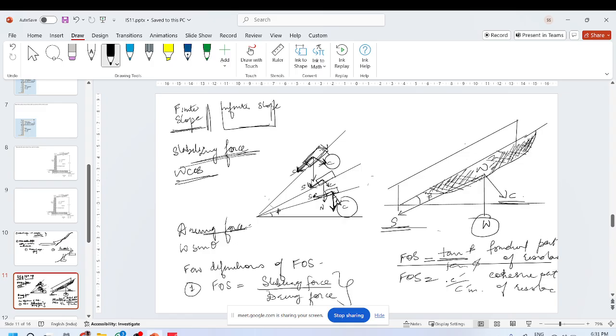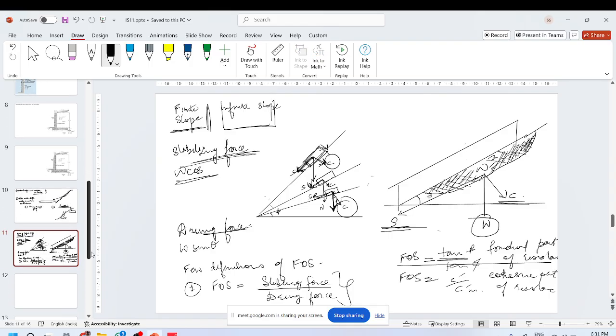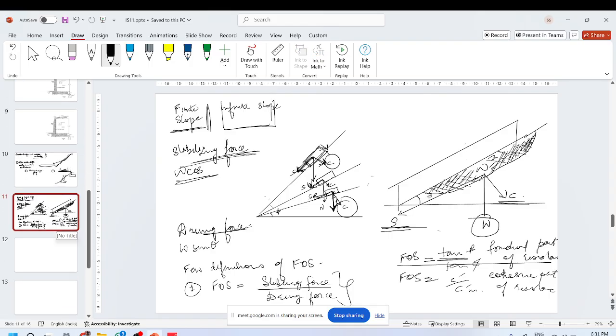There are different methods of basically saying the same thing. The values will be different, but it does not mean that the slope is different. The slope will be the same, but it will have different values, because these are man-made concepts. Factor of safety is not something tangible, it's not something you can see or maybe even define.